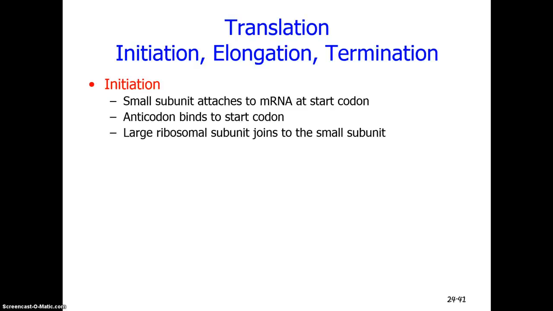Okay, so 3 parts of translation. We have initiation, elongation, termination. Initiation: the small subunit attaches to mRNA at the start codon. The anticodon binds to the start codon. Remember, the anticodon is found on the tRNA. Then the large ribosomal subunit joins to the small subunit.